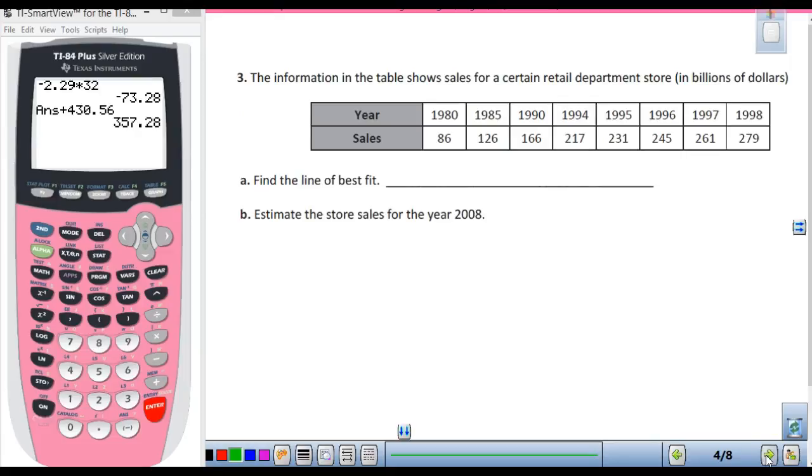All right, so we have another one with years. Let's go through and label our years again. 1980 is going to be 0, 85 will be 5, 90 will be 10, 94 will be 14, and 98 will be 18.